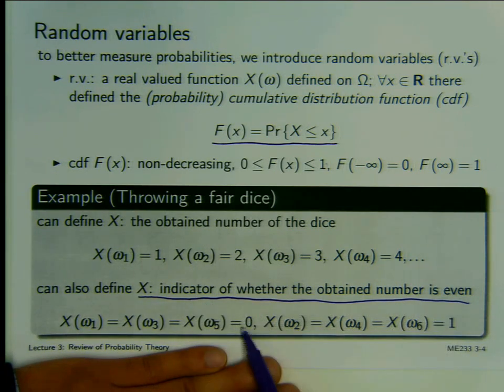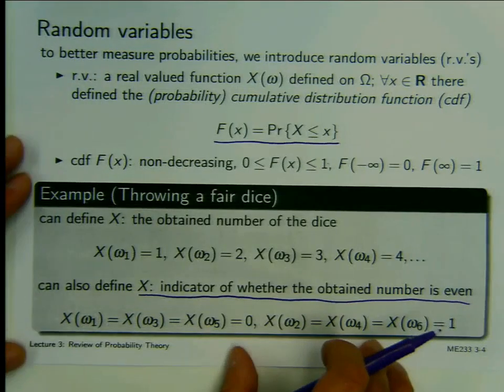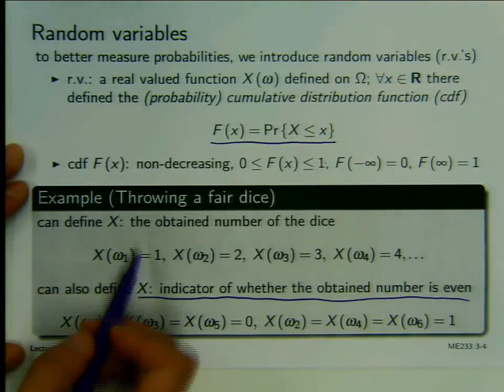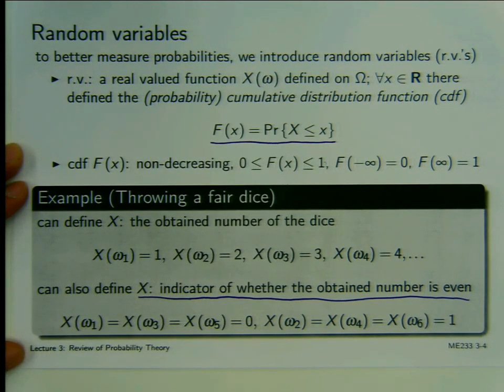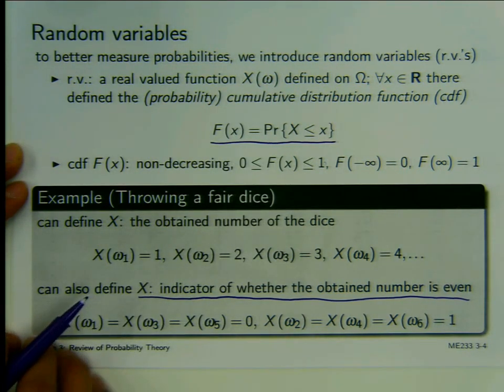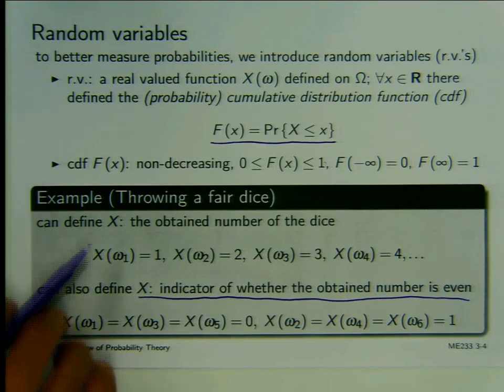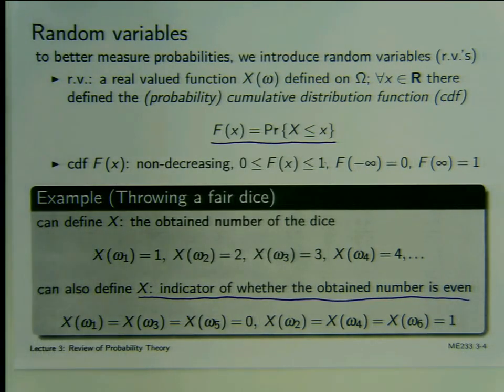If I'm getting 2 or 4 or 6, then the indicator is 1, okay? So a take-home message is this: for the same sample space, I'm just throwing a dice, I can define totally different random variables, right? This will be useful in future analysis.